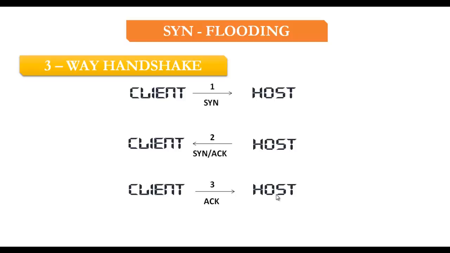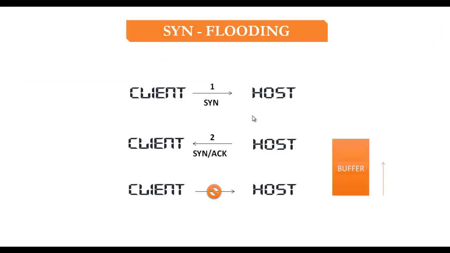But in a SYN flooding attack, the attacker will send several SYN packets to the host via some spoofed IP address, which is basically a bad or dead IP address which doesn't exist. Then the host replies with a SYN-ACK packet, and the host will wait for the ACK packet.